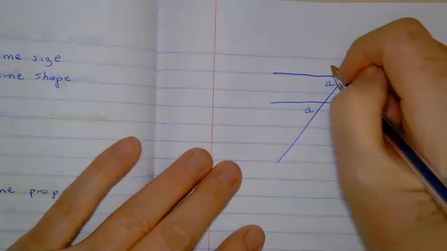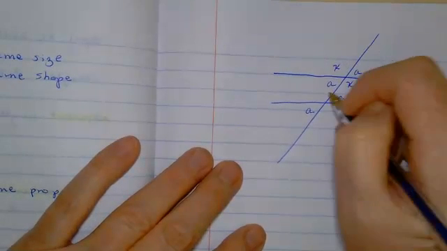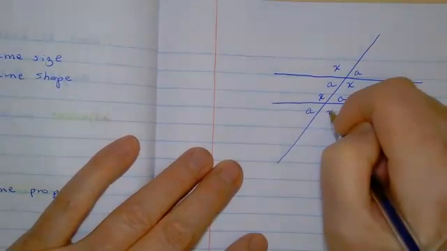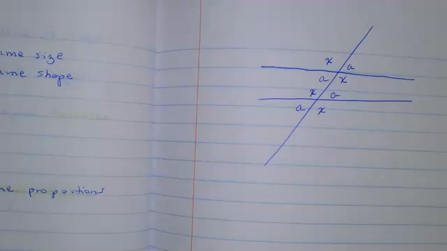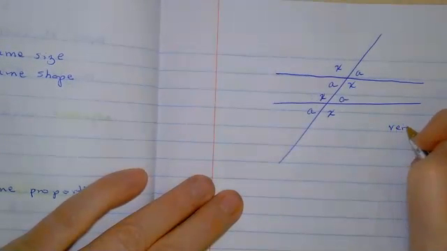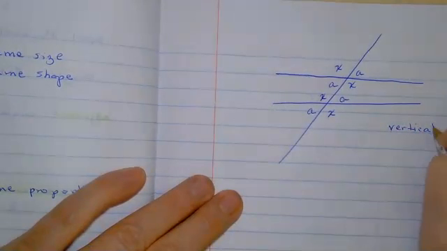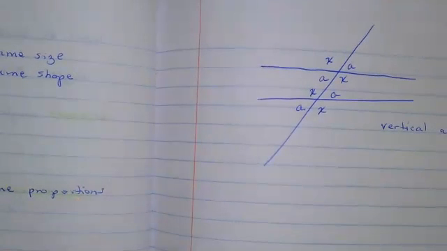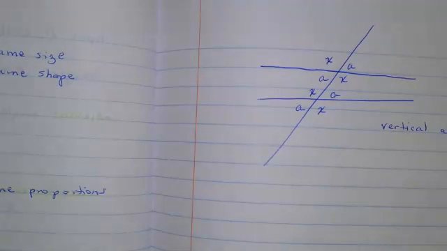And then I'll put X's on the other ones, so you know all of those are equal to each other. These are actually called vertical angles. So it's just kind of a short review of things that we've done before. Just one last practice before we get to the M step.